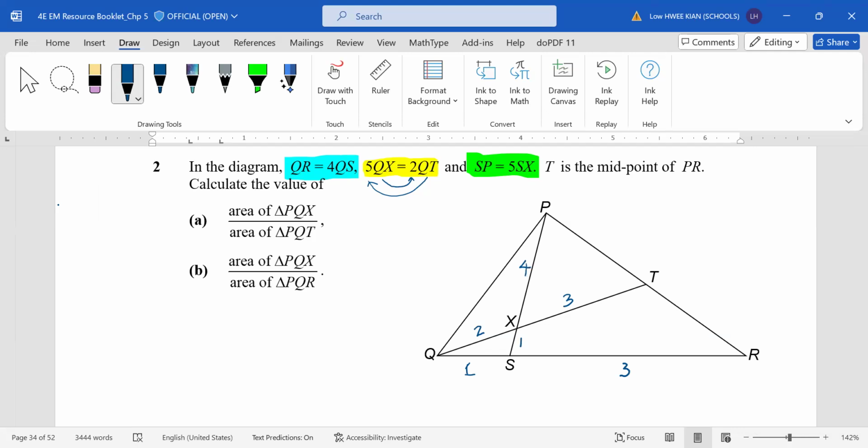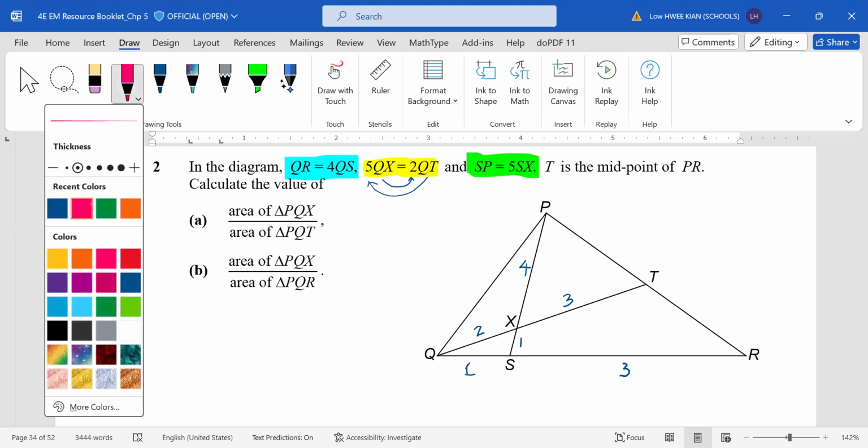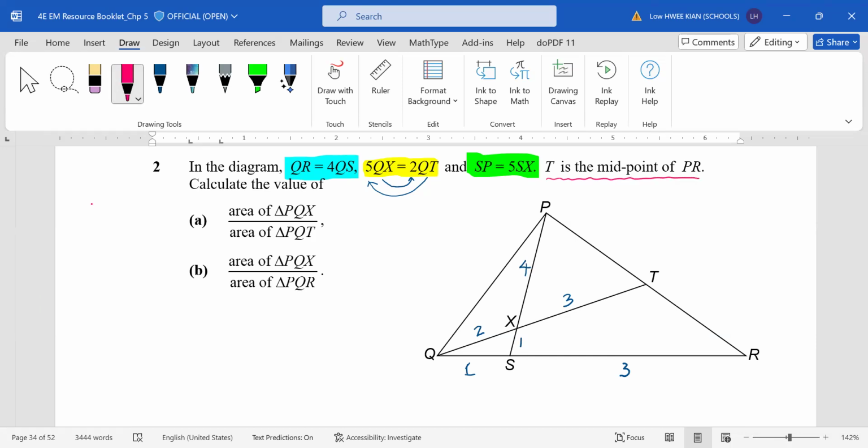Yeah, so that is how I put all the information together. And of course, the last info that is given to you is T is the midpoint of PR. So when this is given, that means I know that the ratio of the length between PT and TR is actually 1:1. So this information will come in very handy later on.